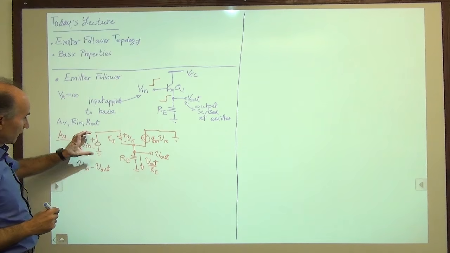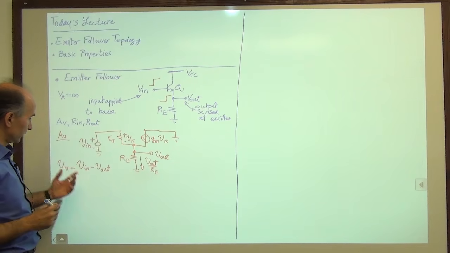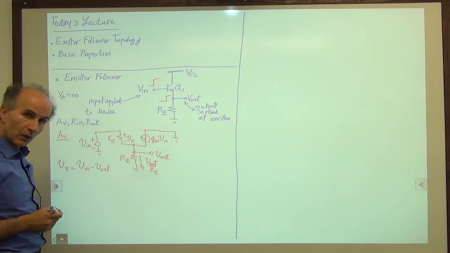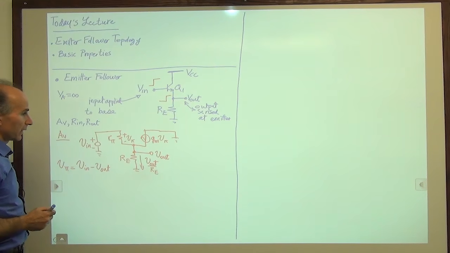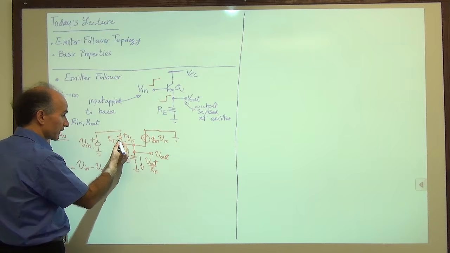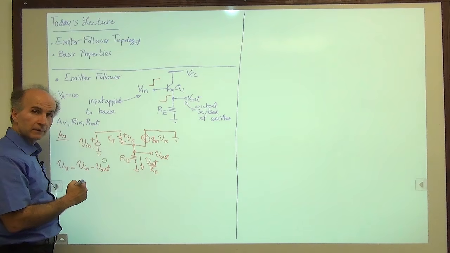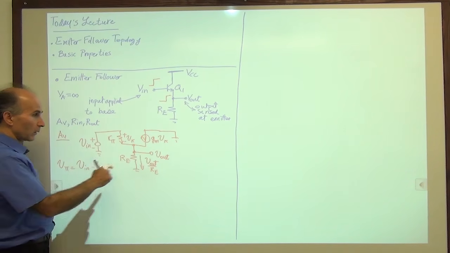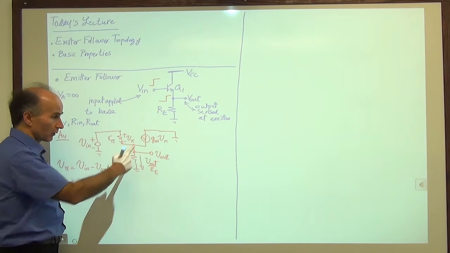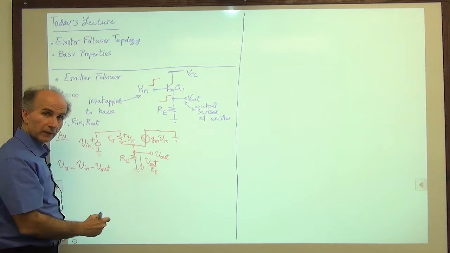All right, so this V in is equal to V pi plus V out. So V pi must be equal to V in minus V out. Okay, so that wasn't that bad. Now we write a KCL at this node. We know this current, V pi over r pi, and we know V pi. We know this current, gm V pi, and we know this current. So these two have to add up to this one.